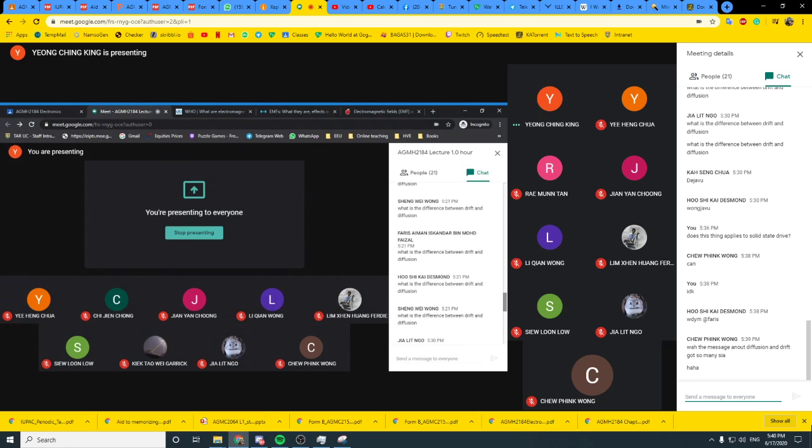And diffusion means it is forced to cross somewhere, because of the concentration of the electron in the N region, it is forced to cross to the P region. So that one is called diffusion.